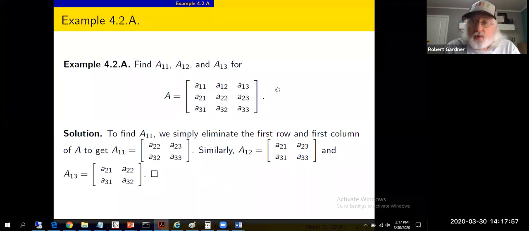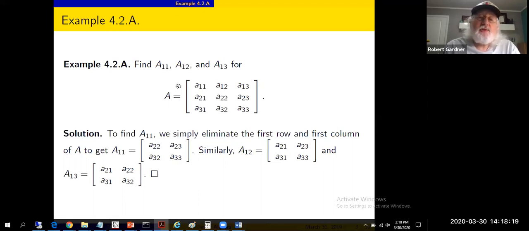So first row, first column. That'll just leave us with these little entries down here. So capital A sub 11 will be the matrix with entries A22, A23, A32, A33. Notice there are no ones.